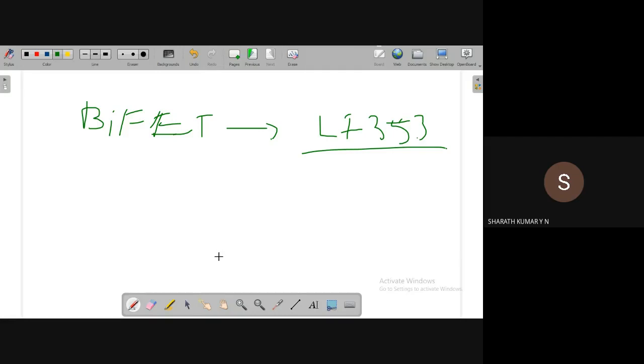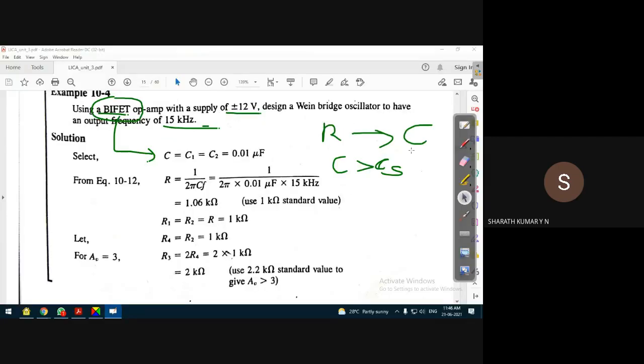Based on that, we can design the values of the capacitor and the resistances. The capacitance value is not given here, because in this problem the author has not specified the name of the bi-FET op-amp. So we can start with the selection of the capacitor. There is 0.01 microfarad.